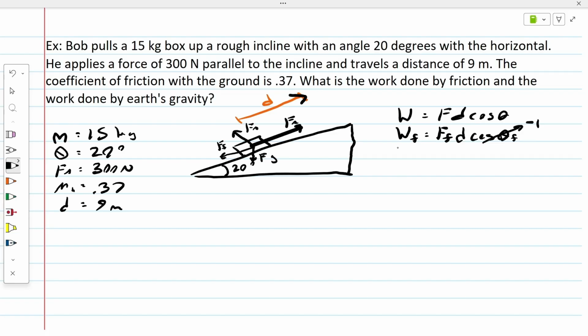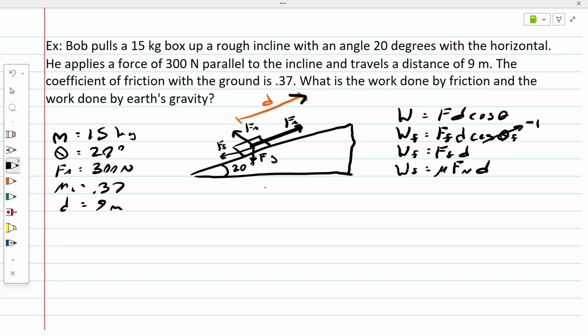So we can simplify this to the work equals the force due to friction times the distance. Now all we need is the force due to friction, but we're not given that, so we're going to have to use our force equations. So we know force friction equals the coefficient of friction times the normal force. So now we just need the normal force.